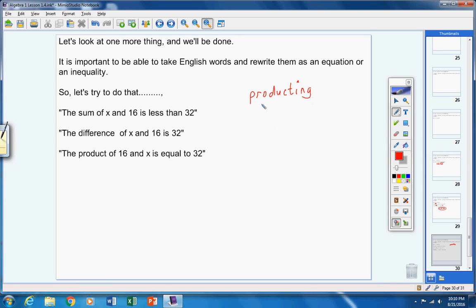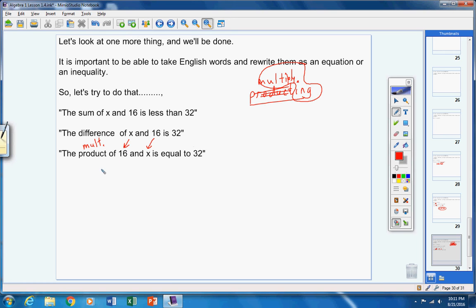What two things are we producting? Well, the product of 16 and x. Now, product means multiply. So instead of using the word producting, I'm going to use the word multiplying, okay?